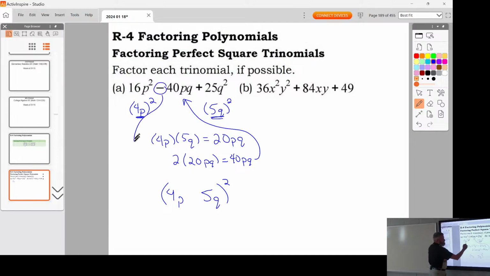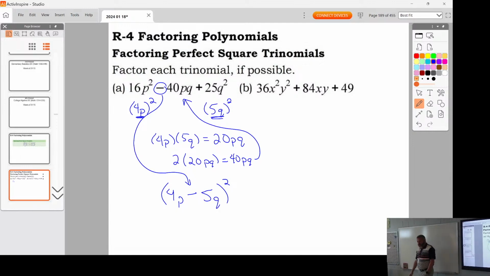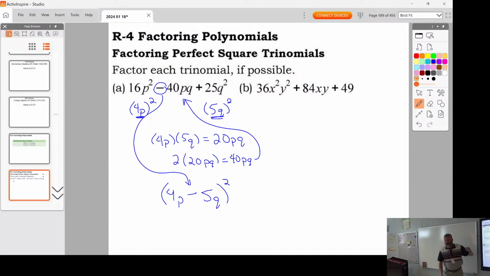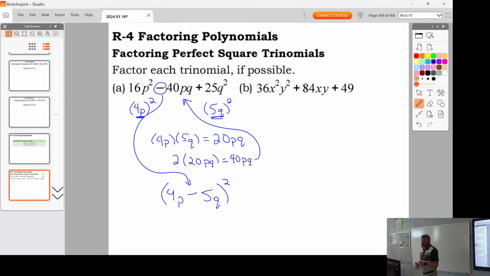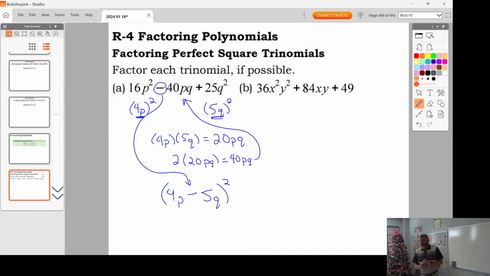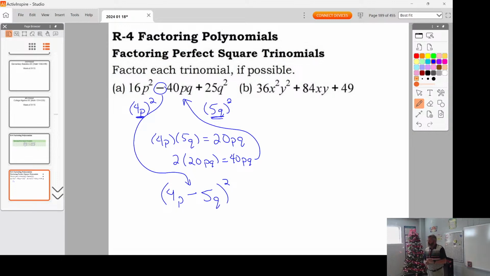Whatever this sign is will come on down. And if you were to FOIL that, you would in fact get what I started with. Thoughts on that? I'm not going to go into that much detail on the next one. Okay.